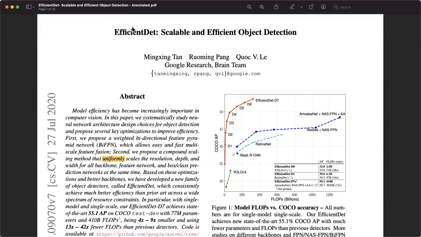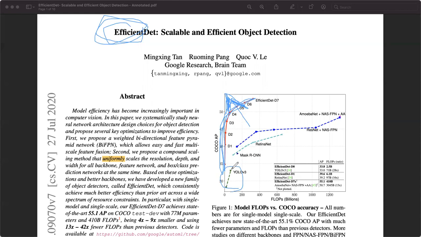For efficiency, we're aiming for models in the top left corner, so models that lie near this corner work better. Apparently this family of models achieves better performance in terms of efficiency. YOLOv3 is here.